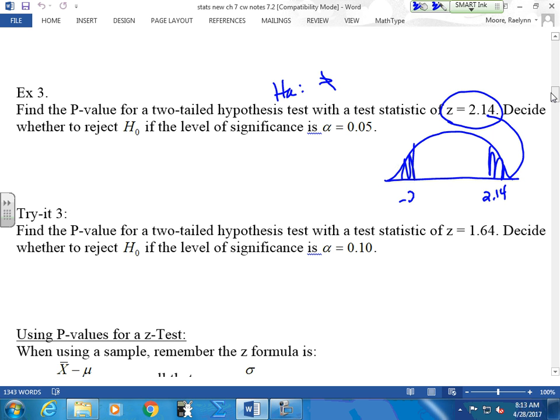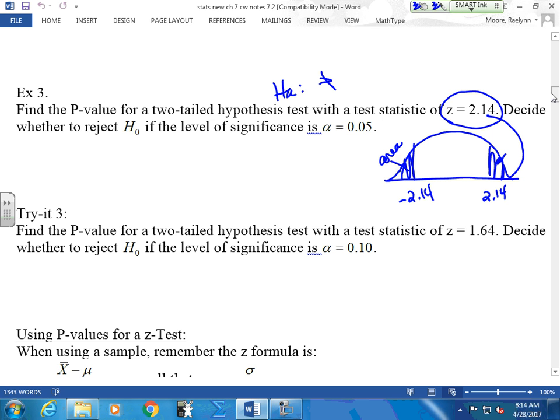Good. All the things we learned apply. Two tails means you just got 2 chances to get this right. You have double the probability. So if I find this area, this is the same as this area, isn't it? So on the two-tailed test, I'm going to look up this area.